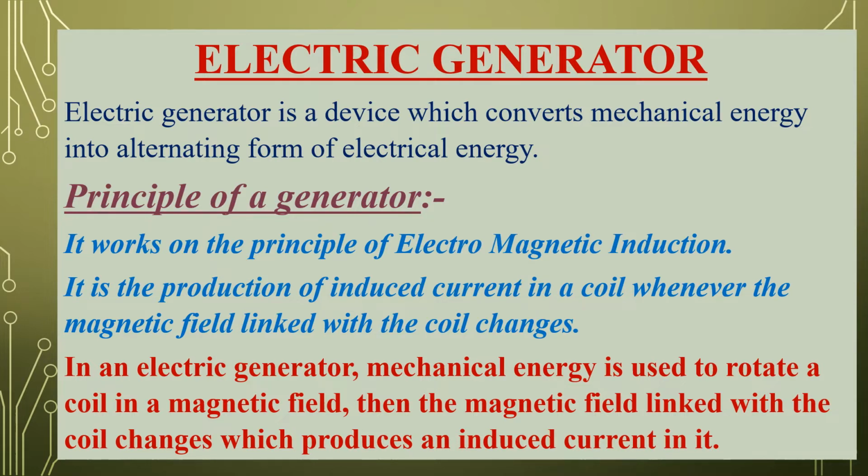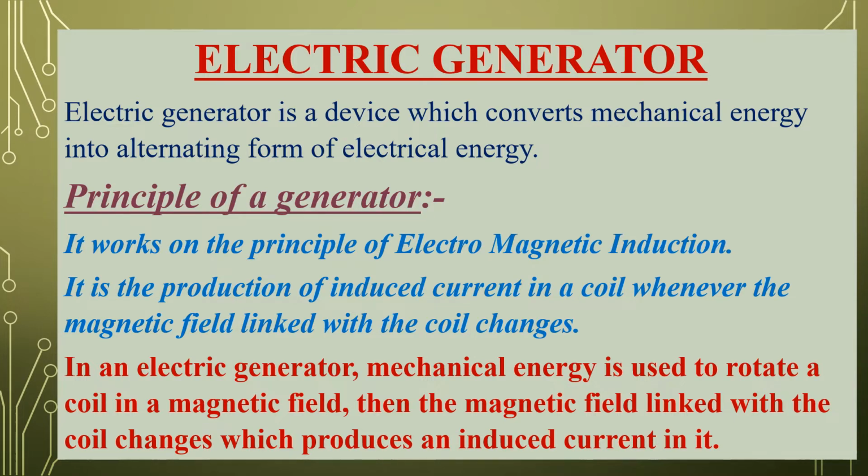Now we will discuss the principle of a generator. A generator works on the principle of electromagnetic induction. Electromagnetic induction is the production of induced current in a coil whenever the magnetic field linked with the coil changes.